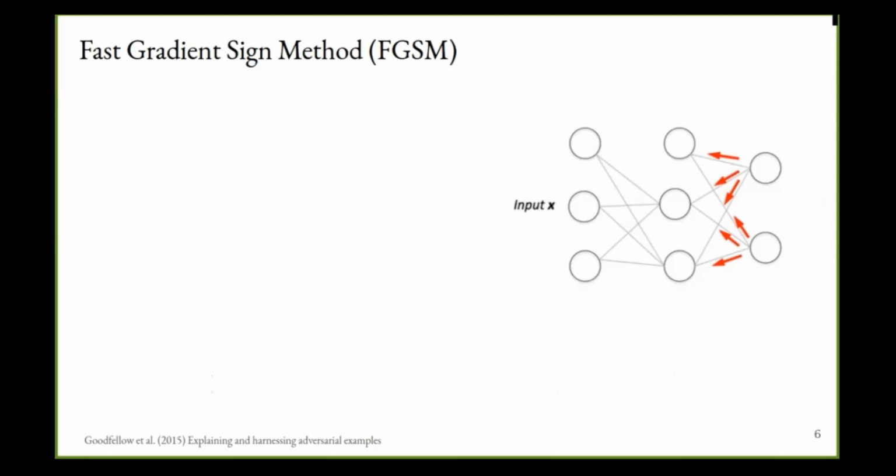Fast gradient sign method is a fast method to generate adversarial examples. It uses the gradient of the loss function. We all know that to train neural networks, we use the gradient of the loss function that we propagate back in order to update the parameters.